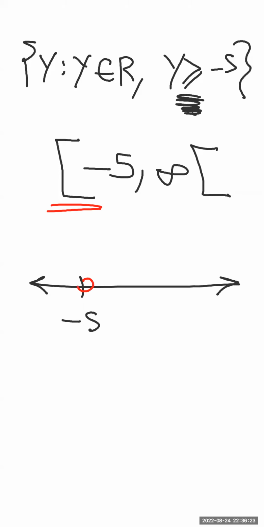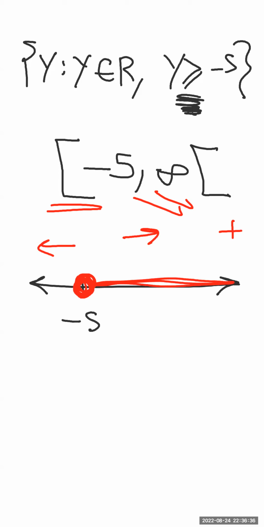Very good. Now I'm going to shade the whole positive direction. Which one? This one or this one? Of course, this one. So shade the whole positive direction. Okay, great.